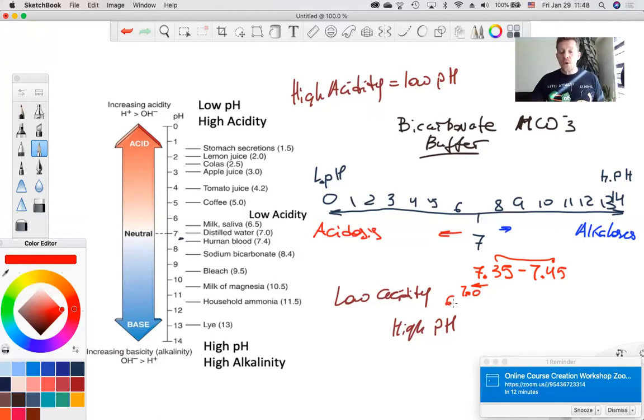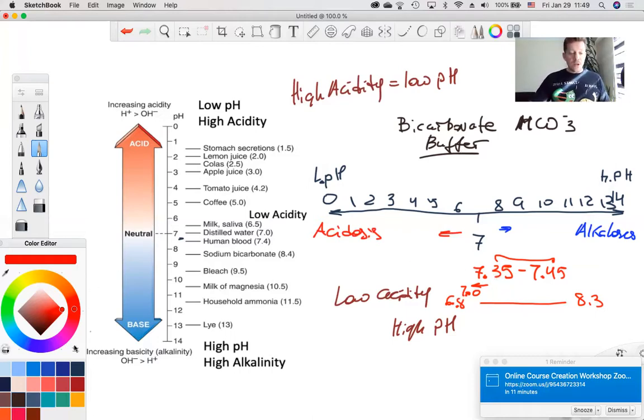If you get to 6.8, it's very dangerous. If you shift to the right into alkalosis and get to somewhere around 8.23, it is very dangerous. This bicarbonate molecule is present in the saliva, which produces it, and also in blood.